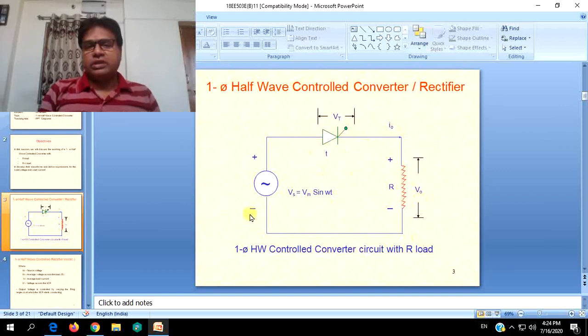Now load is directly connected to the source, means load voltage will then be equal to source voltage and full current flows through the load, or load current will be equal to source current. As we are considering a resistive load in this case, both the voltage and current will be in the same phase. That is, both load current and load voltage will be in the same phase. There will not be any lag or lead between them. They will be exactly in the same phase.